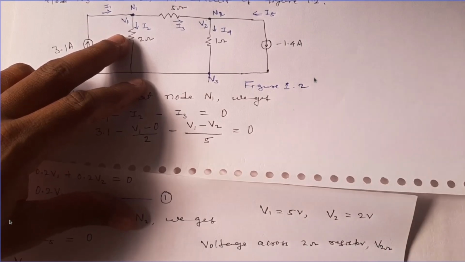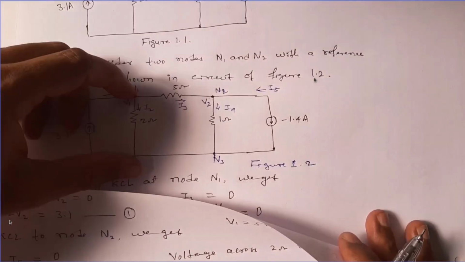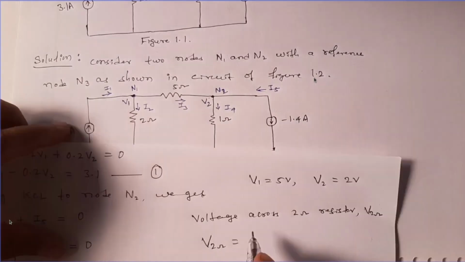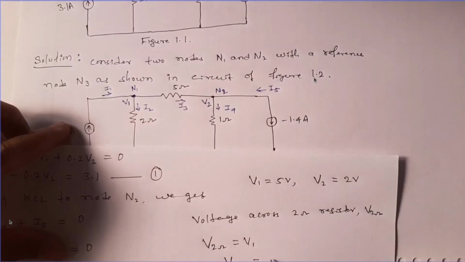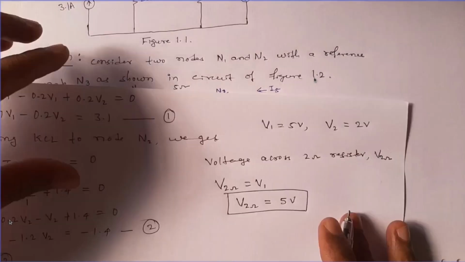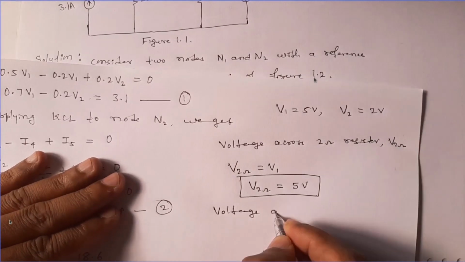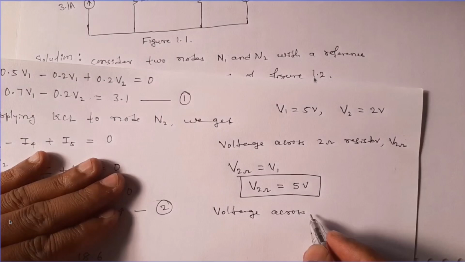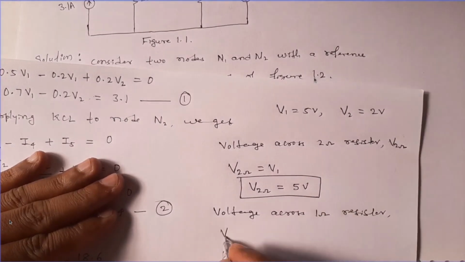If you see, dear students, the voltage across the 2 ohm resistor is V1 directly. So V2 ohm is equal to V1, that is nothing but 5 volts. Now second, I want to find the voltage across the 1 ohm resistor, which I call V1 ohm.